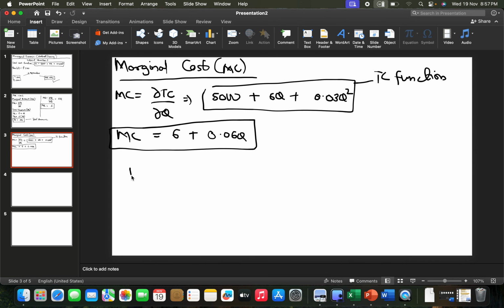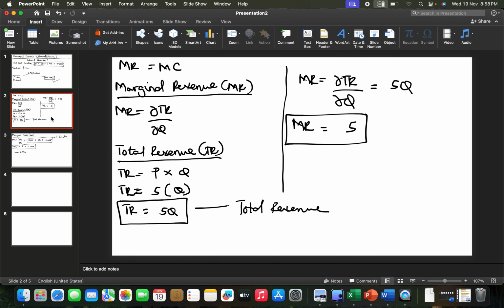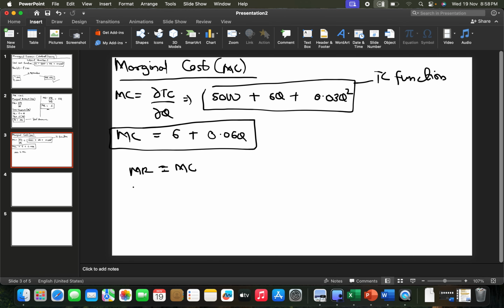So per the formula, we know marginal revenue is equal to marginal cost. Marginal revenue had 5. So 5 is equal to marginal cost, 6 plus 0.06Q. We group like terms. This is 5. You move this, minus 6. This is 0.06Q.